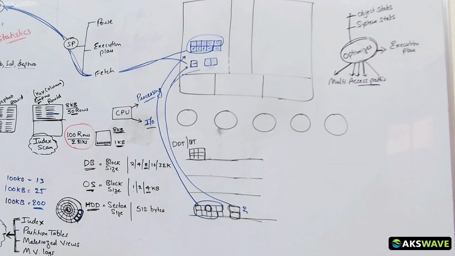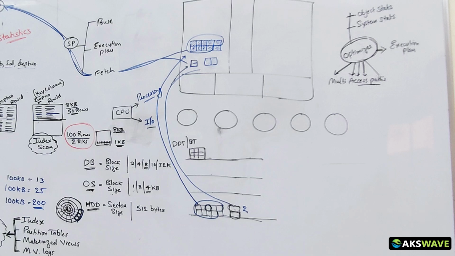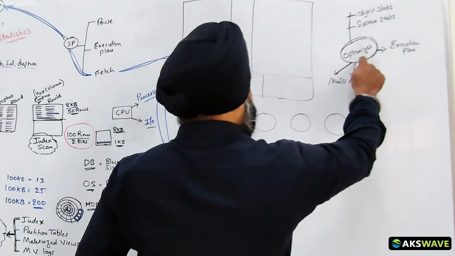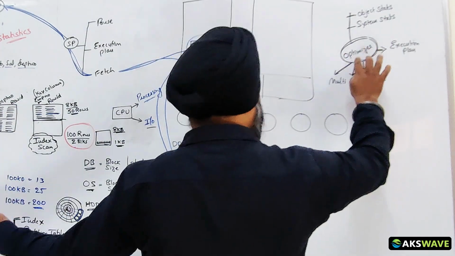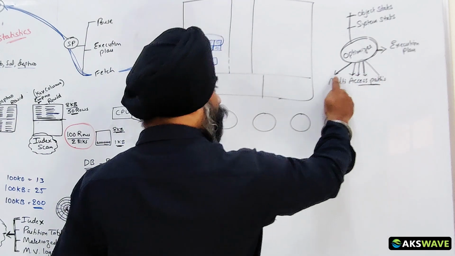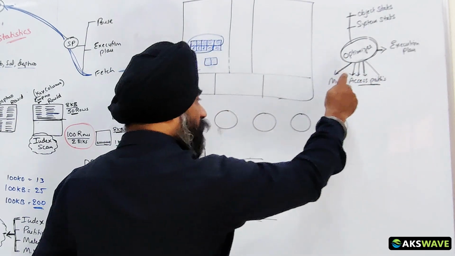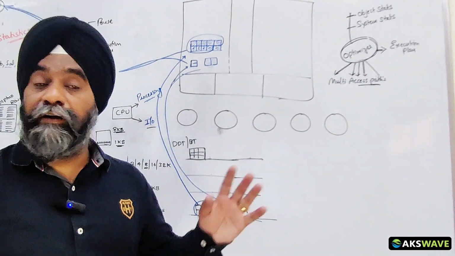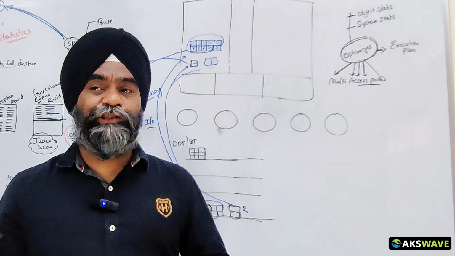So the optimizer will check if you have any dependent objects on your table, and it will calculate for each one: if I go through index, through table, through partition, and so on.